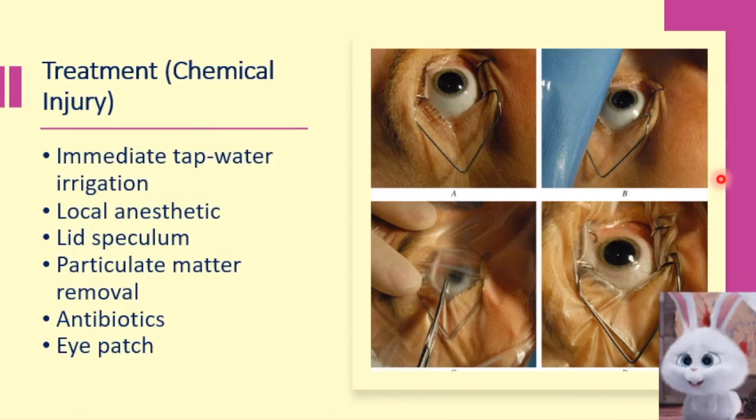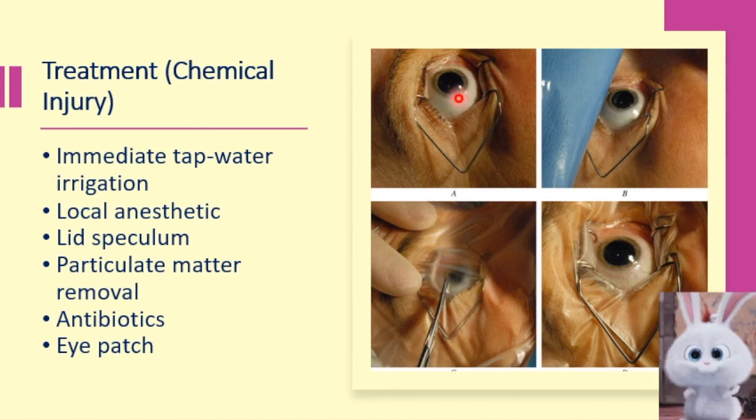Okay, so again, going back to treatment, so there will be tap water irrigation, application of your local anesthetic. So class, your local anesthetic is applied to relieve the pain of your patient. Then you use your lid speculum. The lid we refer to here is your eyelid. Eyelid speculum, shown on the right.